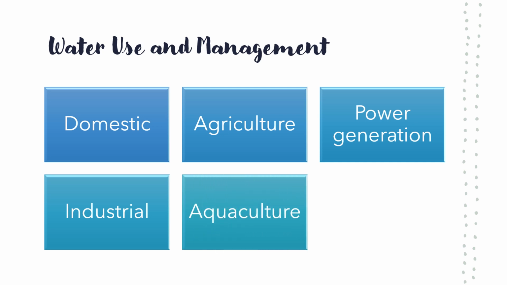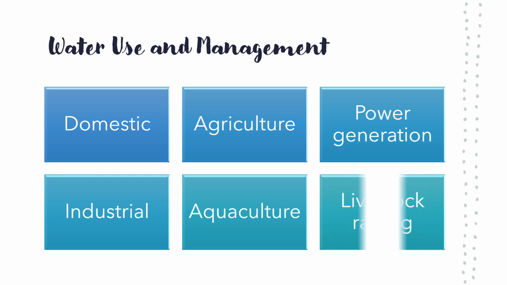Next, we have aquaculture, so propagating fishes, shrimps, crabs, and other aquaculture organisms for commercial purposes. And we also have livestock raising, wherein water is used in raising herds or flocks of animals for commercial purposes.